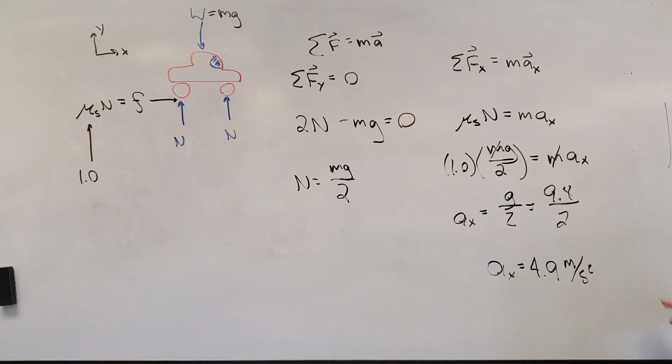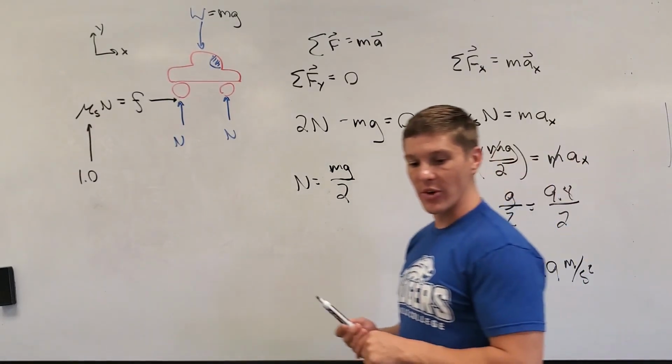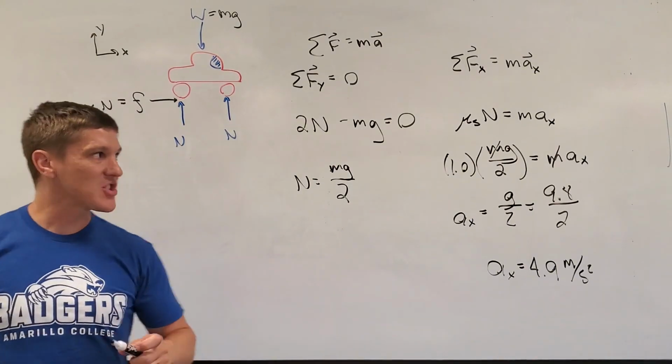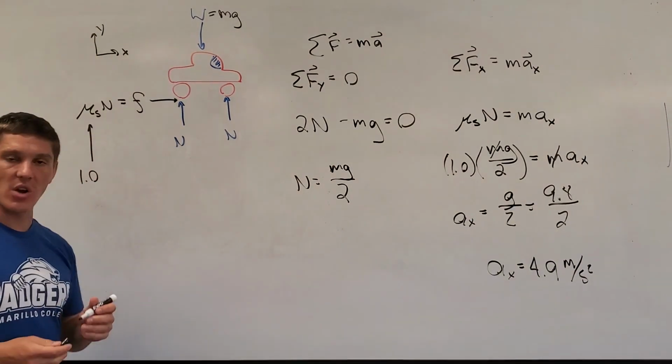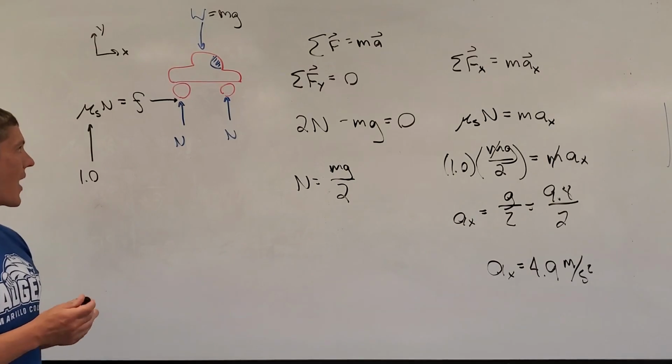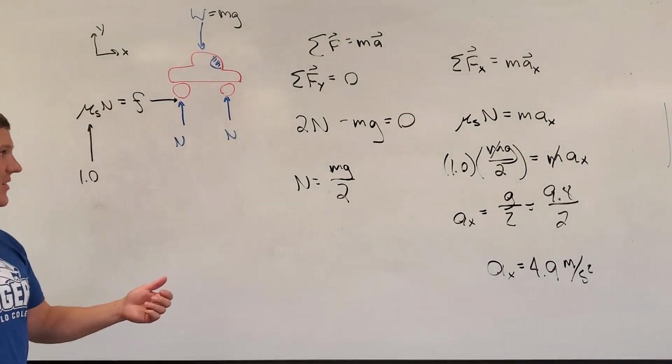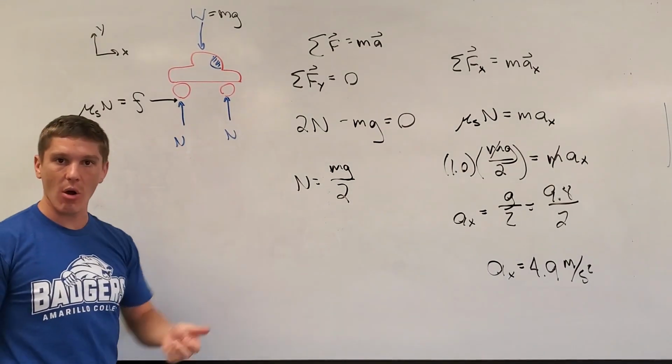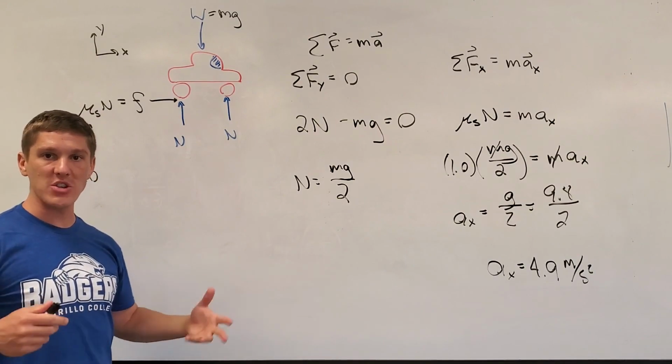So with the problem, it feels like they gave us minimal information, right? They just said that we have rubber tires on a concrete pavement. They said that our weight balance was 50-50, but they didn't give us what the mass of the car was. They didn't give us any other information other than that.